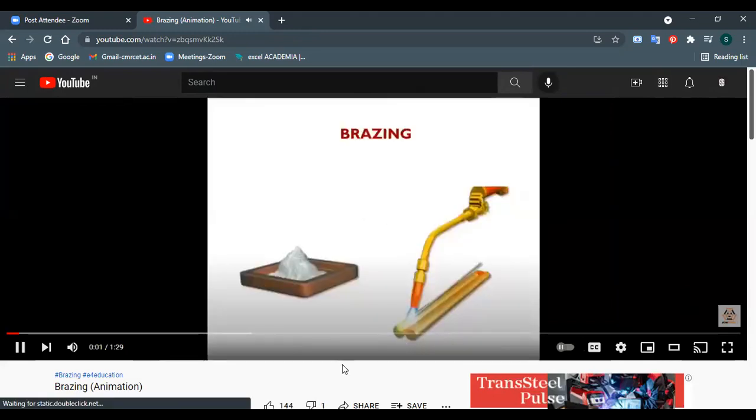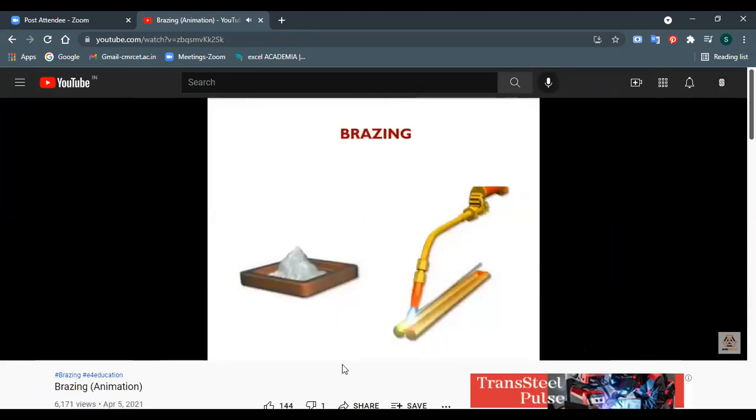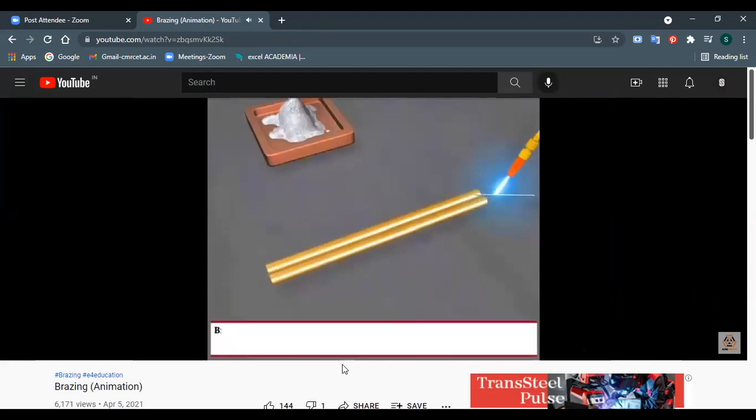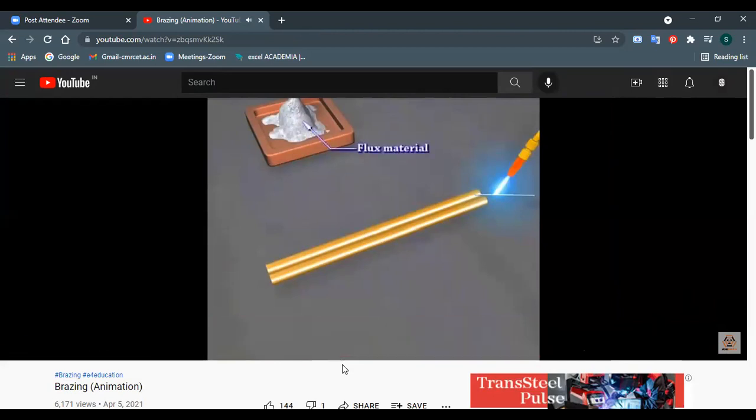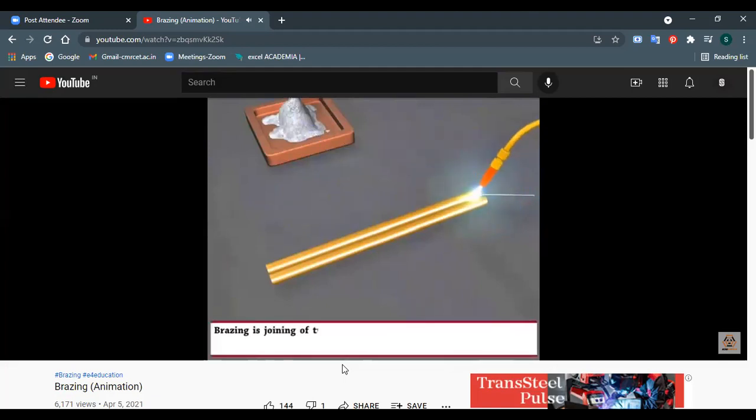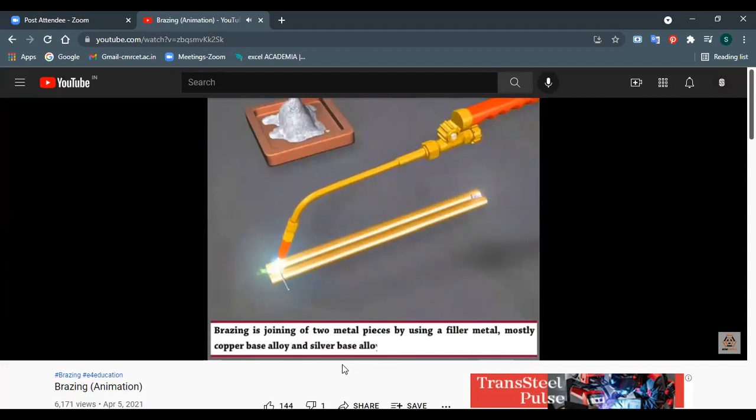Brazing. In this video, we are going to see about brazing. Brazing is essentially similar to soldering, but it gives a much stronger joint than soldering. Consider a setup with flux material, welding torch, filler rod, and workpiece. Brazing is joining of two metal pieces by using a filler metal.